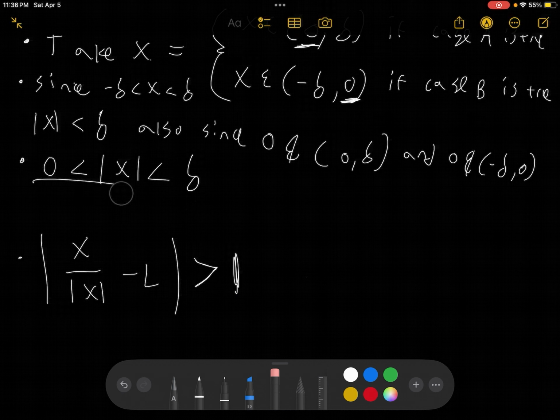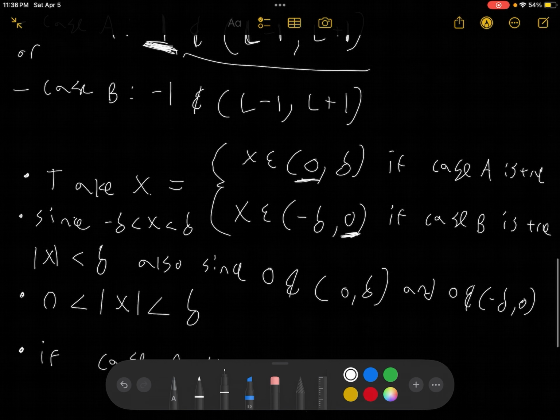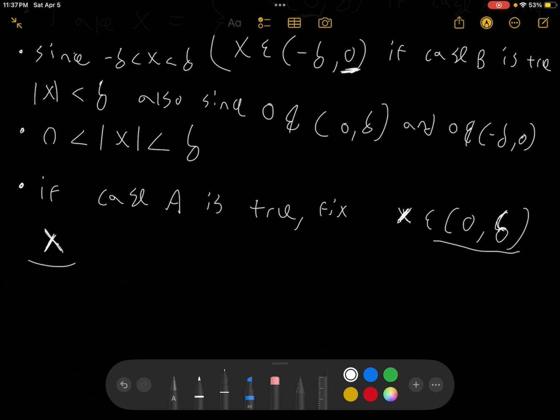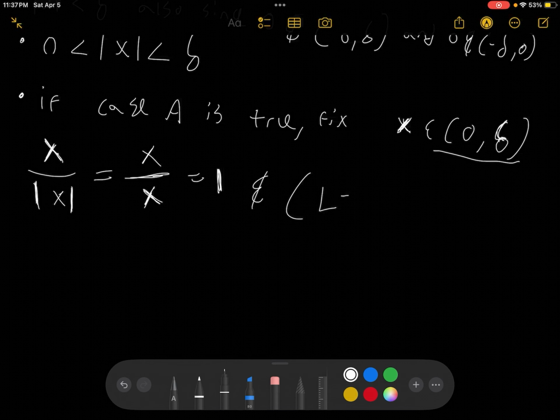Now for the second one, let's bring back the two cases we had earlier. So let's say if case A is true, then we're going to take x to be an element of 0 delta, and we know that x over absolute value of x is going to be equal to x over x, since x is a positive number, which equals 1, which we know is not an element of the interval L minus 1, L plus 1.